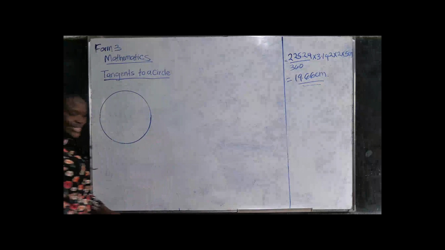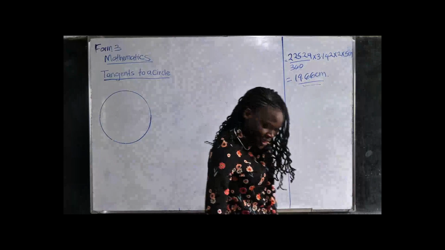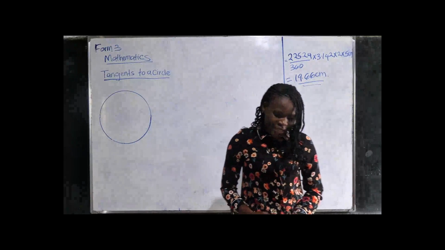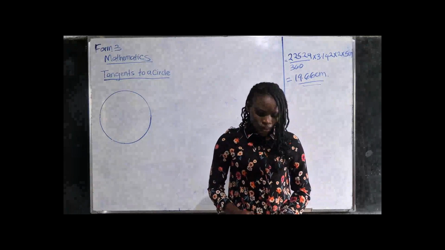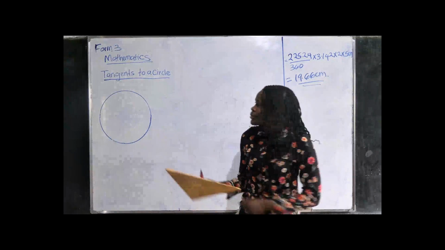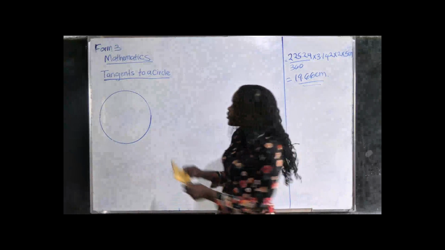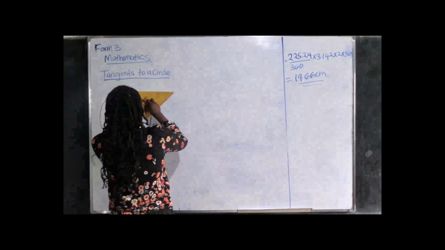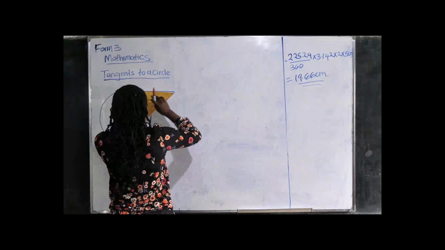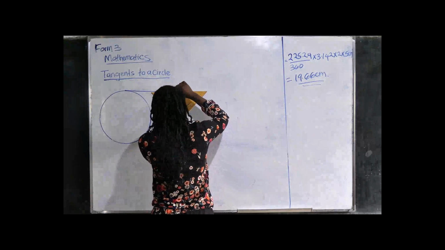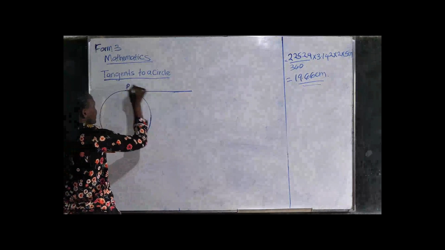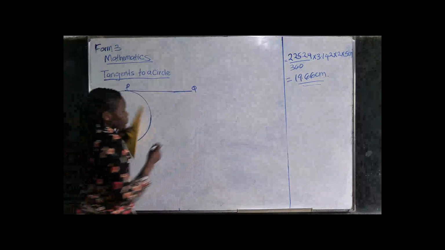So we have our circle. We've been told in the figure below, PQ is the tangent to the circle. Let's draw PQ, that is a tangent to this circle. So at this point we have a tangent, and that is PQ.